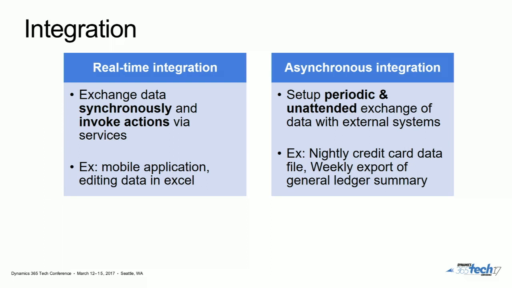The reason being, in the asynchronous pattern, the systems are decoupled. So let's say, for example, CRM is down or AX is down, it doesn't really matter. The message gets sent and it gets logged in the message queue. And as and when the systems are up, it will start processing.